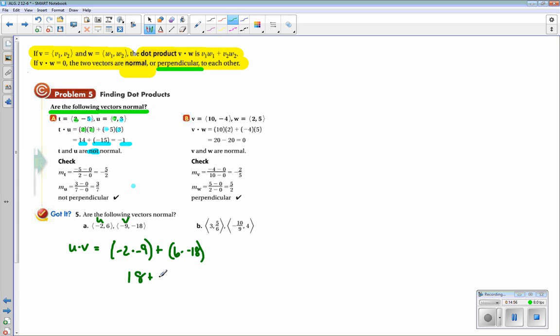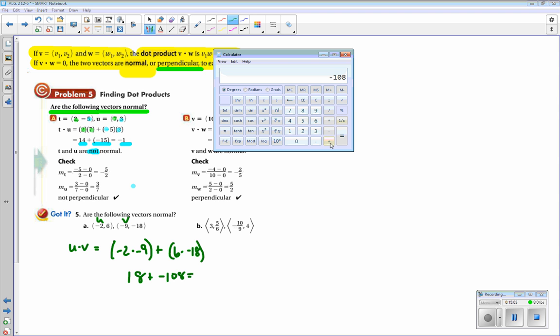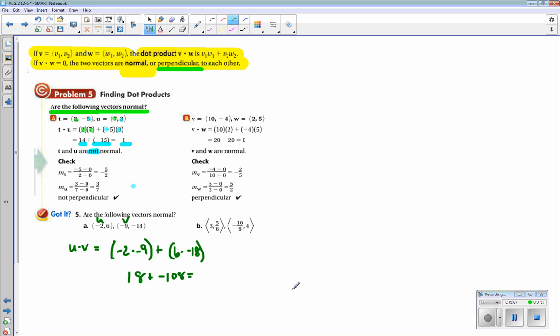Well, we know this definitely does not equal 0. So these are not normal. And that's all you've got to do.